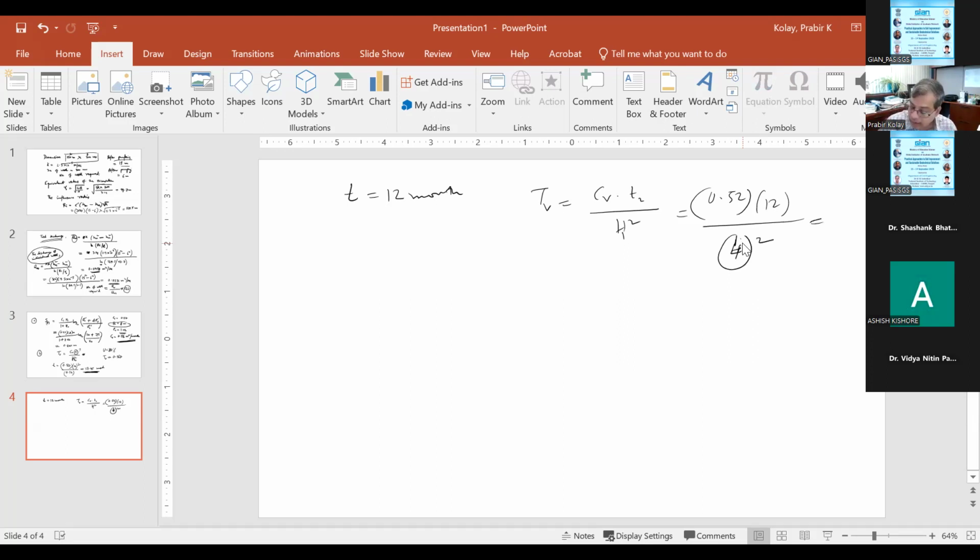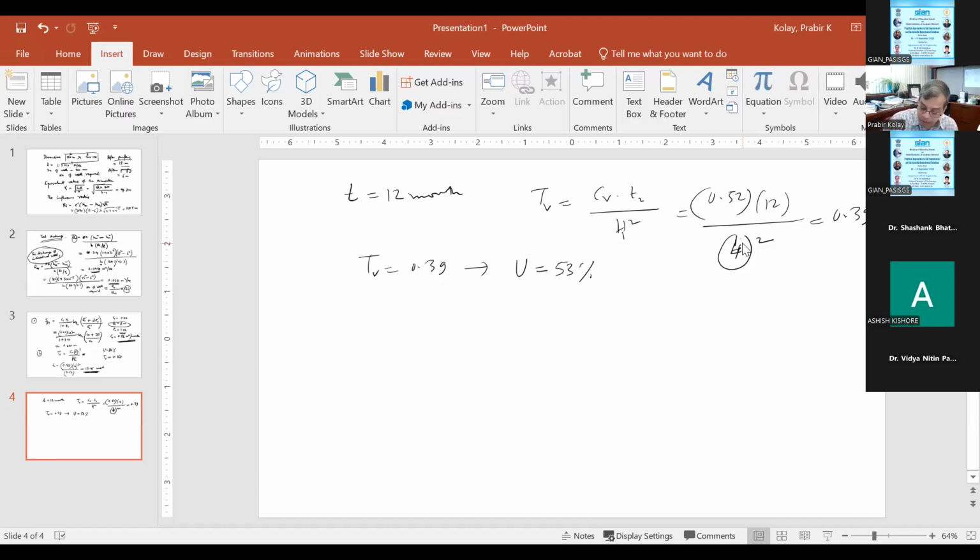Then you will get around 0.39, right? So for Tv equal to 0.39, you can calculate the value of U from the table. Easily you can calculate that, and it will be around 53%.